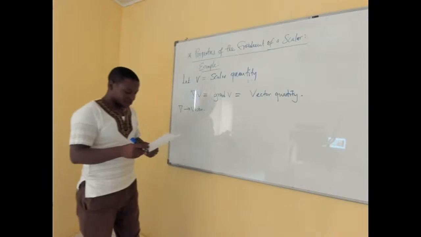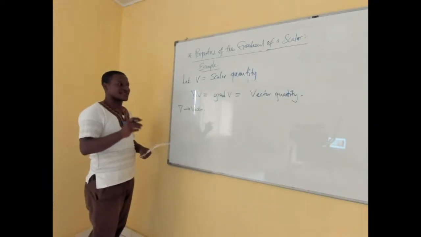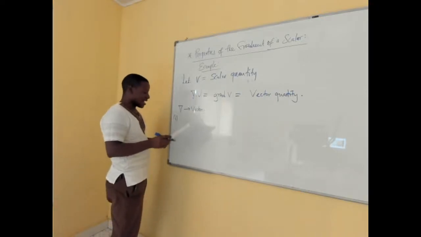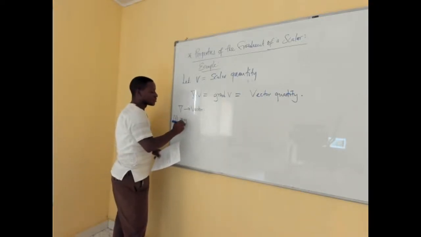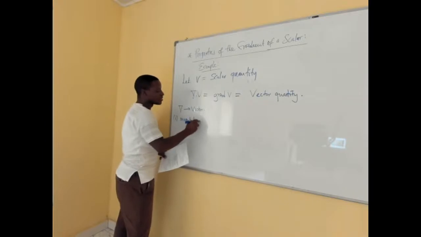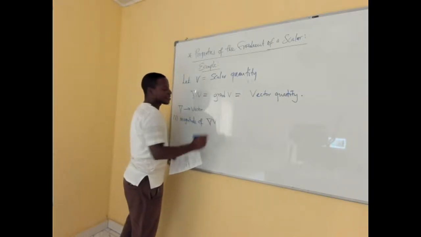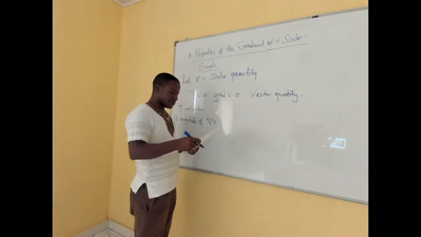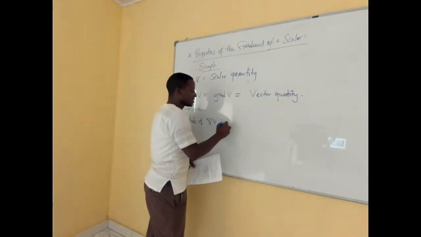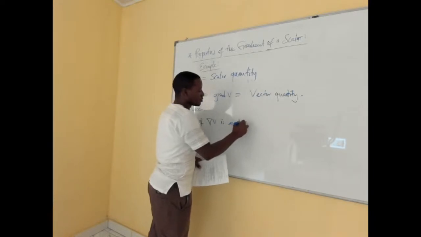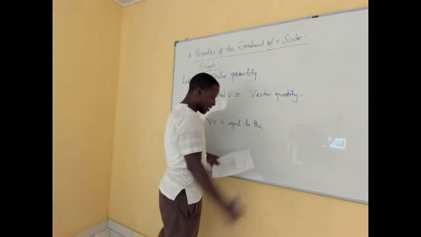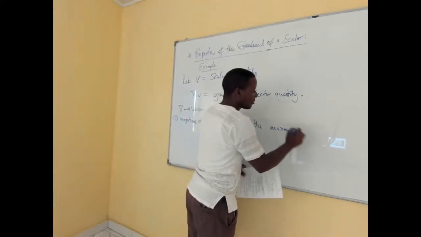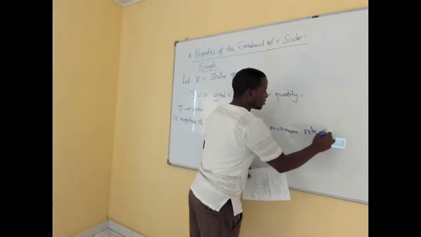Now, the first thing that we need to note in terms of properties is that the magnitude of this gradient of V is equal to the maximum rate of change.